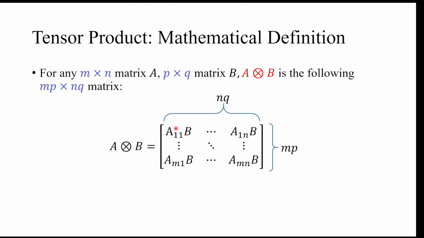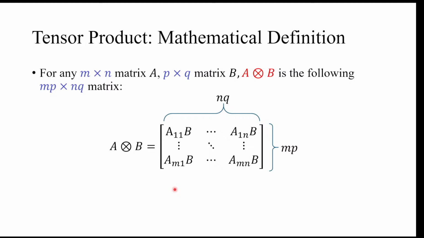So we have a whole bunch of B matrices in blocks, and the first block is multiplied with this coefficient A11, which is the first element of matrix A, and then you have the A21 block, A31 block, all the way to the Am1 block, and also all other blocks here. Okay, so this is a huge matrix with multiple blocks of B matrix multiplying with these coefficients of the A matrix.